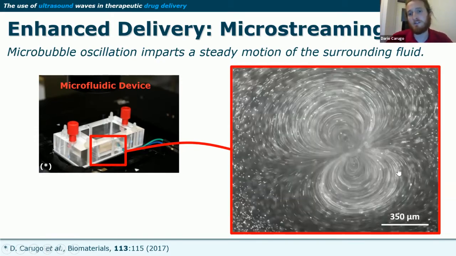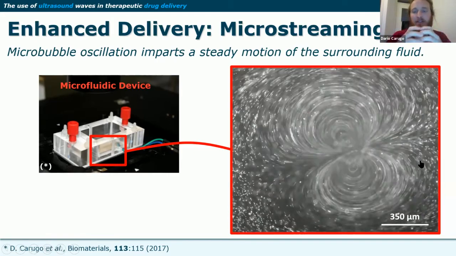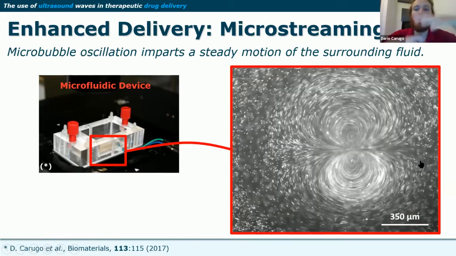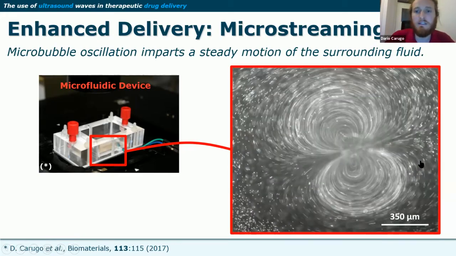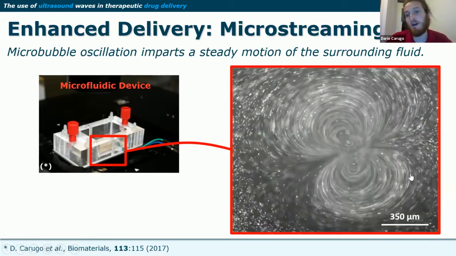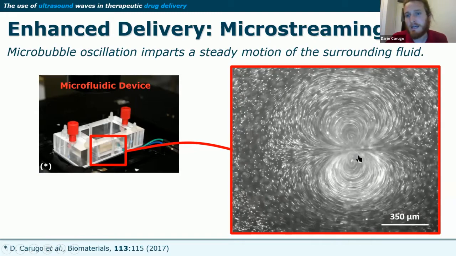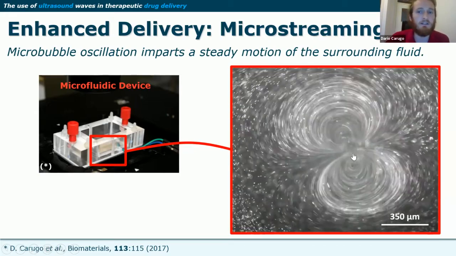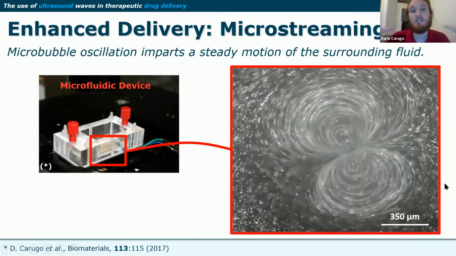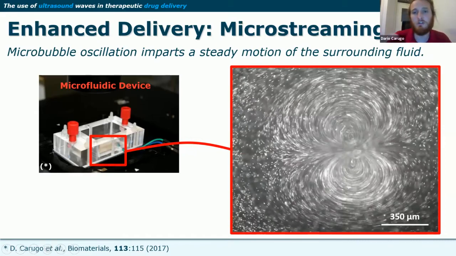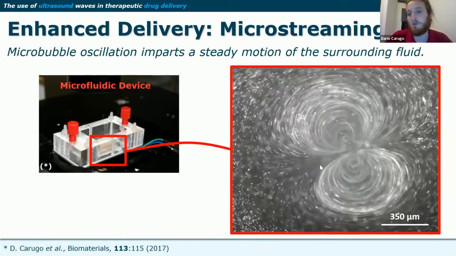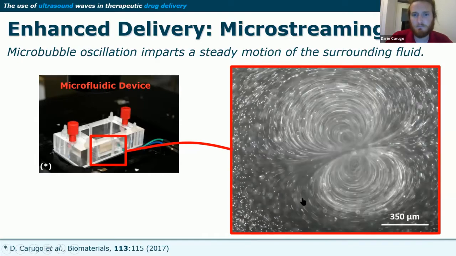As you can see, once ultrasound is activated, as the bubble oscillates, it drives this vortical motion in its vicinity. It's quite surprising that although the bubble is very tiny, we're talking about 1 to 10 micrometers in diameter, this motion affects a very large region in comparison, a few millimeters.